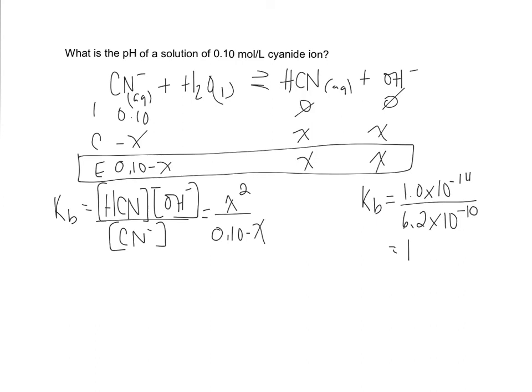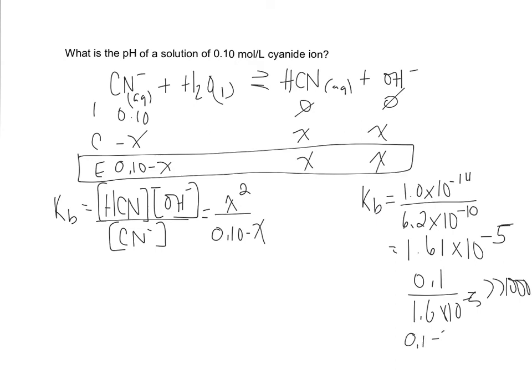So our Kb is 1.61 times 10 to the negative 5, or 1.6 times 10 to the negative 5. So 0.1 divided by 1.6 times 10 to the negative 5. If that is much greater than 1,000, then we can say 0.1 minus x is approximately 0.1. And it is. It's 62,000.